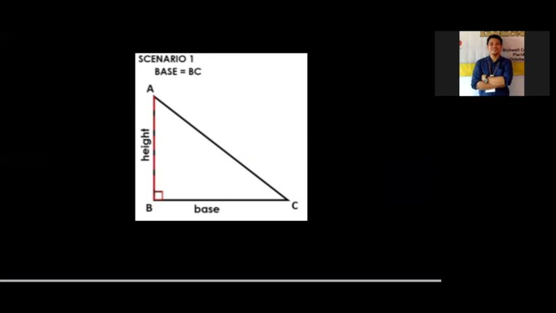For this first scenario, if we let the base be equal to BC, then the height would be AB, since AB is perpendicular to BC. We can say that AB is the height of triangle ABC.